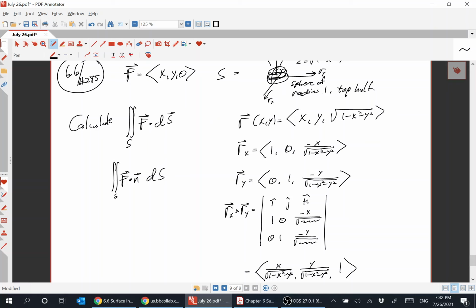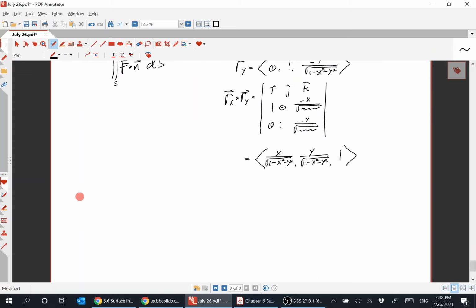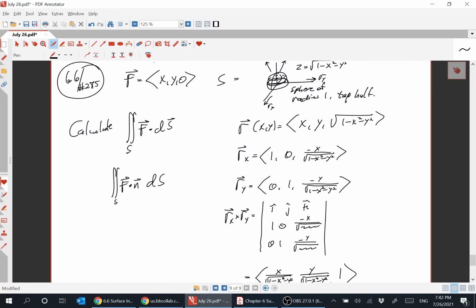So there are different notations that go along with it. I will use this one, the one I usually use. So now the vector flux surface integral of (x, y, 0) dot dS is equal to the double integral over R, which is the region defining this sphere, which is going to be the disk of radius 1.